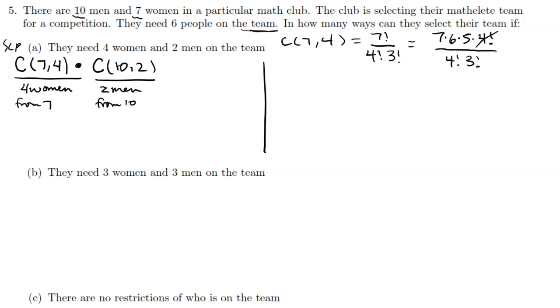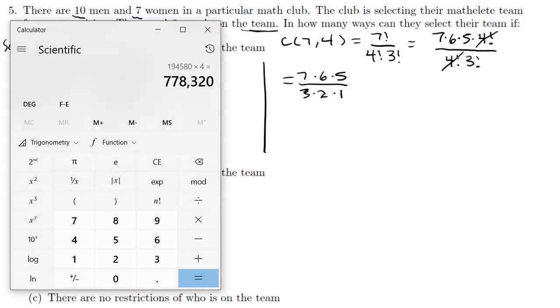And that 4 factorials are going to cancel out. So we're left with 7 times 6 times 5 over 3 factorial, which is 3 times 2 times 1. Remember that little trick to see if you simplified correctly, because I have the same number of numbers on the top and the bottom. There's 3 different numbers on top and bottom.